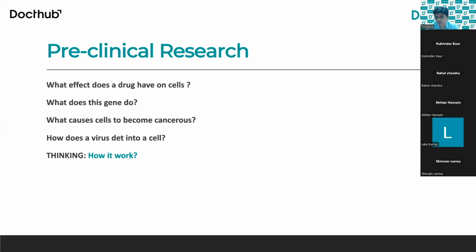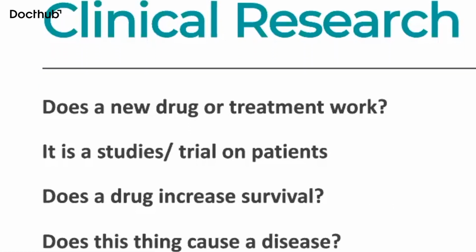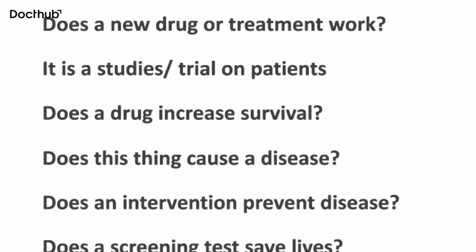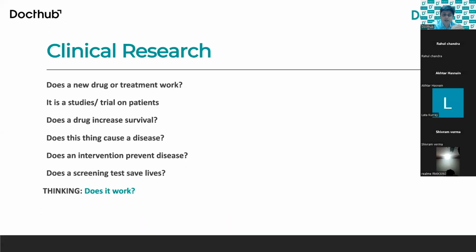Next is clinical research. Once you get a solution in preclinical research, that yes, this molecule and experiment is working, then you go for clinical research, where you have a new drug and you are testing it on humans and patients.